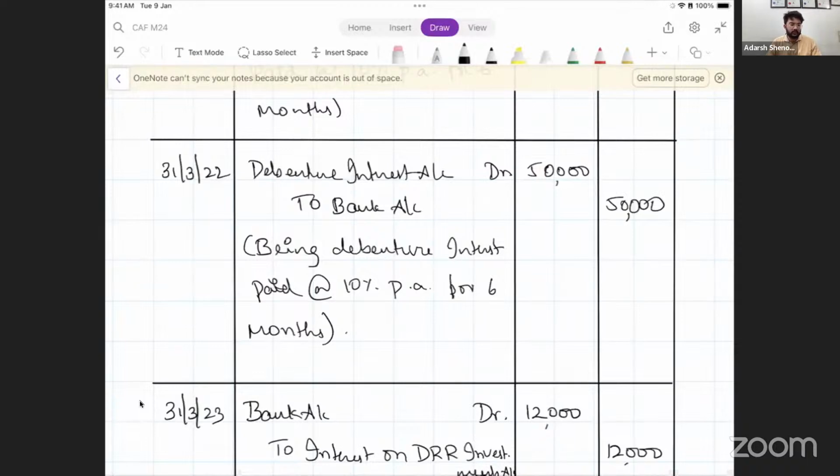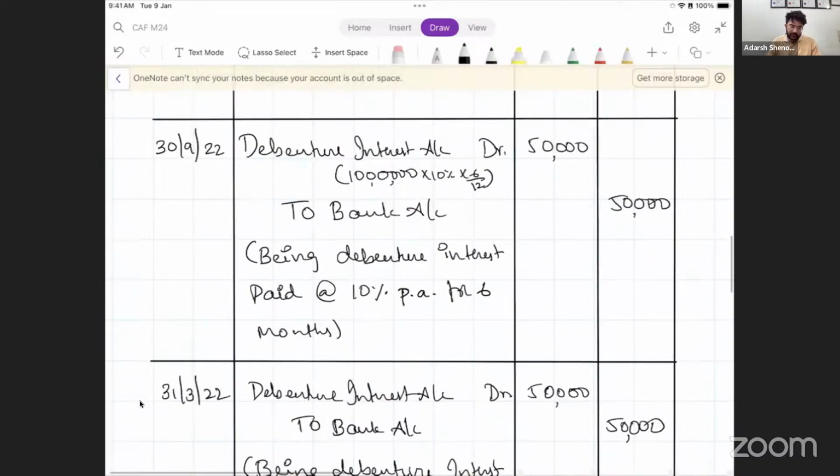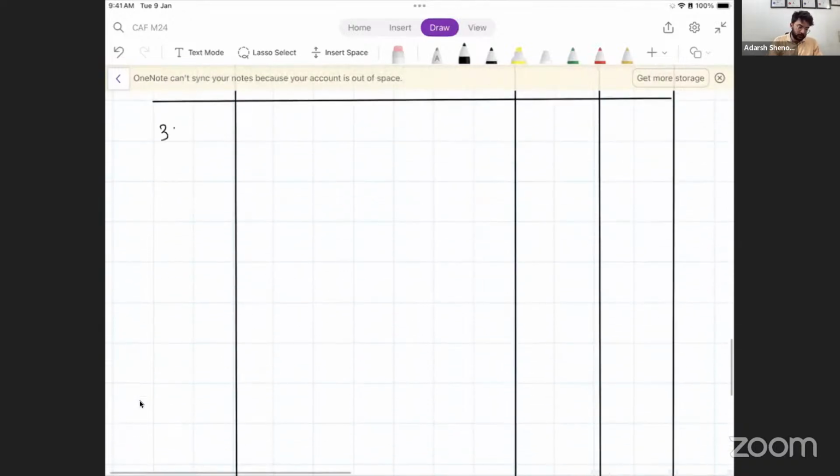Now we are at the end of the year, and we will have to pass the closure entries also. We'll have to close those accounts by transferring them to profit and loss. So first the expense account, we will debit it to the profit and loss. Profit and loss account debit to debenture interest account.